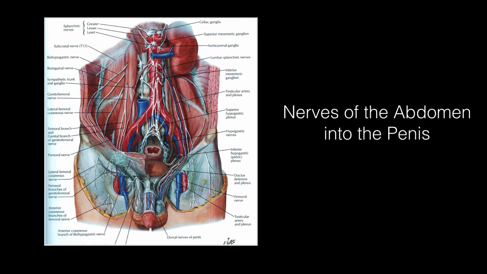So if we're not moving our body and creating mobility and motility in our body, and especially in our pelvis, then this can contribute to different kinds of symptoms or diseases in the pelvis and in the penis.